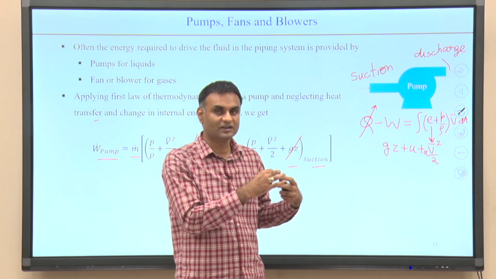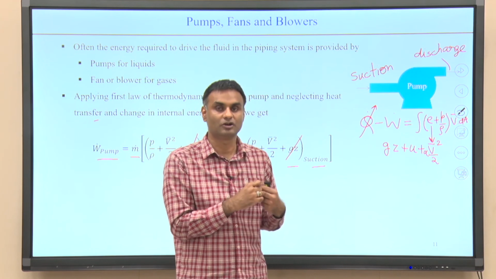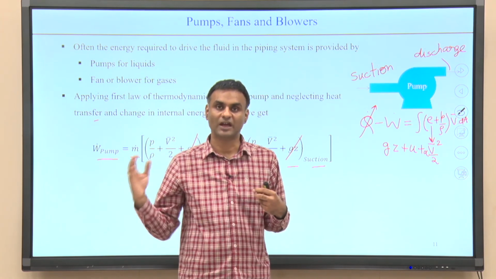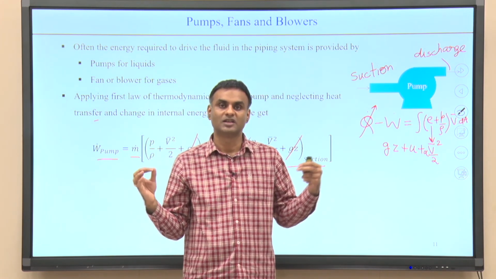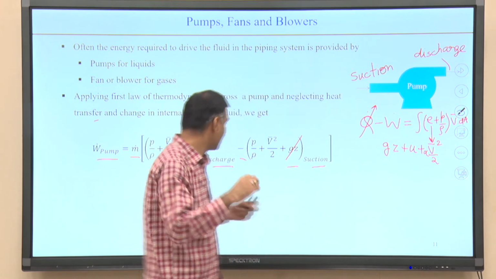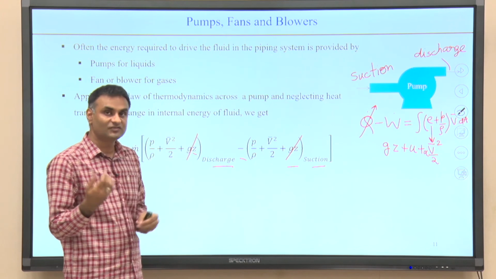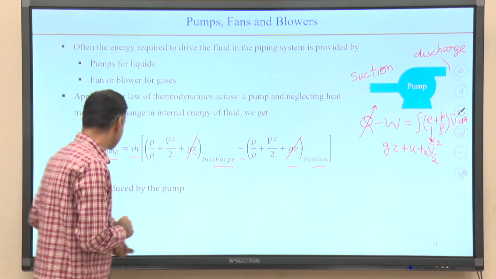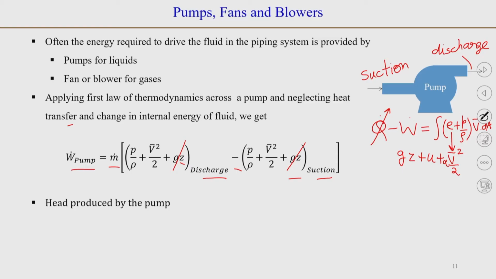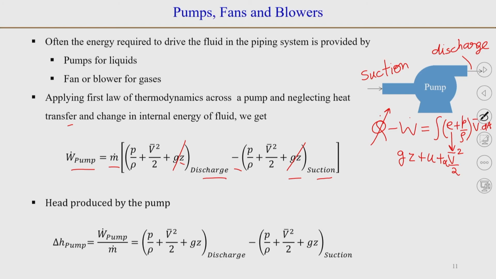That means volumetric flow rate at the inlet and outlet of the pump is the same. So, when you have a pump, it does not change the velocity of the fluid. What it will change is P by rho. So, velocities will also cancel, as we will see. So, this is basically the head produced by the pump that we can write.